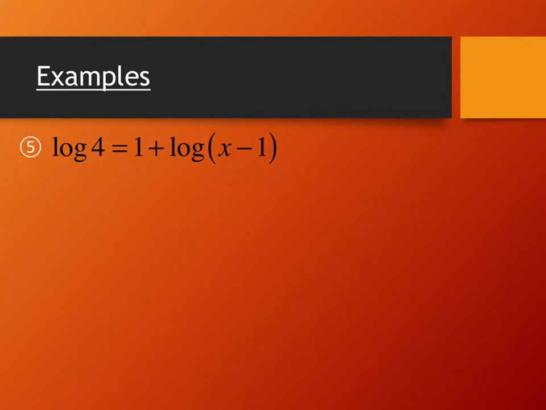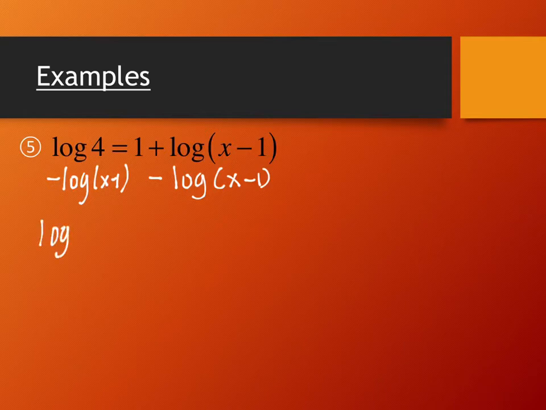So I'm going to leave the one on the right, and I'm going to move the log on the right to the left. Since it's added, I can subtract. So minus log of x minus 1. Just rewriting, this would be log 4 minus log of x minus 1 equals 1.